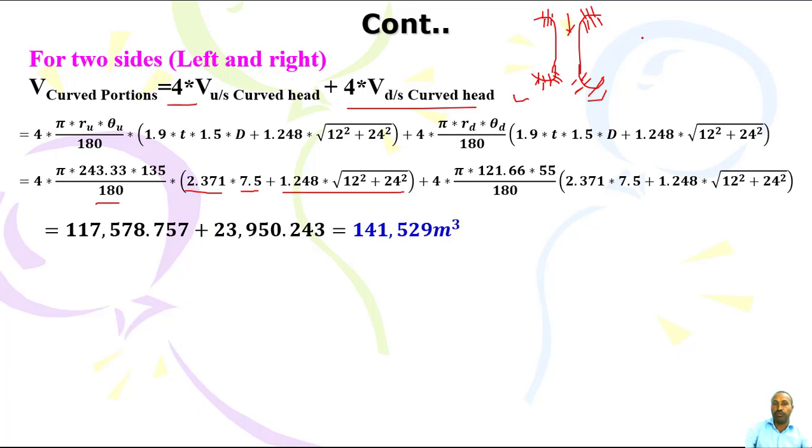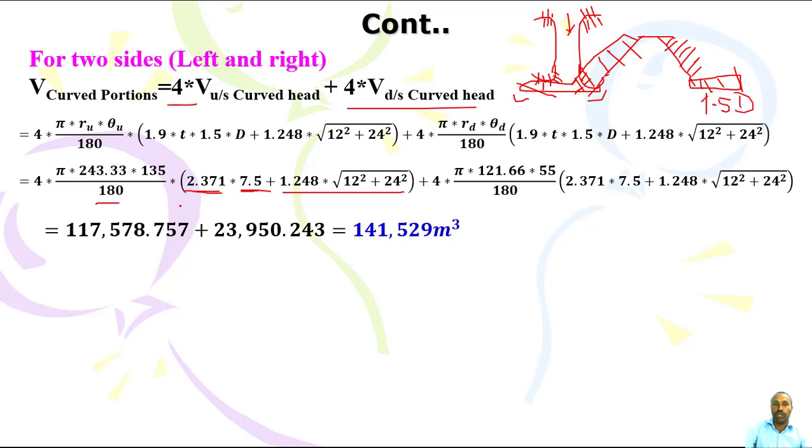Let me draw this. You have riprap here, and again the launching apron here. On this side again the same. This is the curve length, 4 times for the upstream on one side, and the other side the same. So you have the thickness multiplied by the width of this, 1.5 times D.